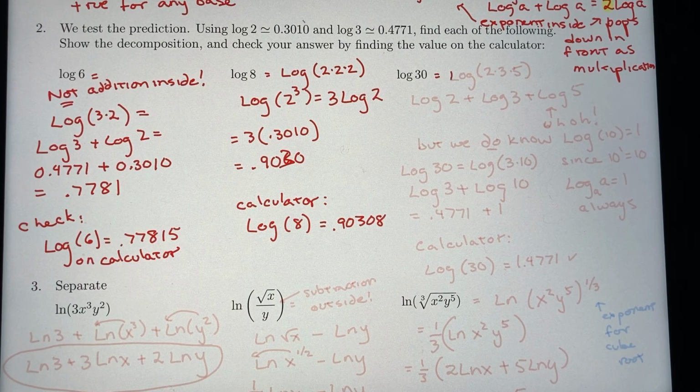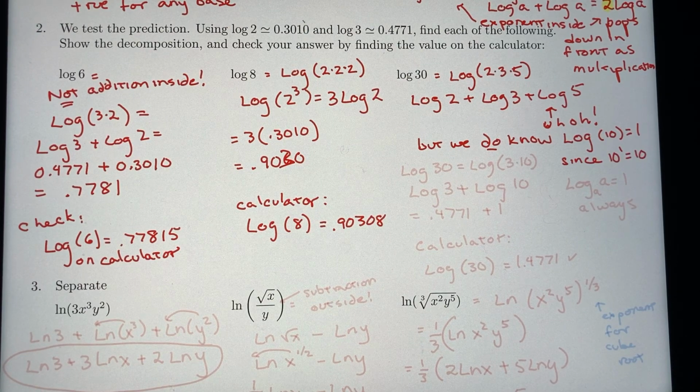30 is, well, let's see, 2 times 3 times 5. Uh-oh. We don't have log 5. But what we do have, we do know that log base 10 of 10 is 1. Log base A of A is always 1.